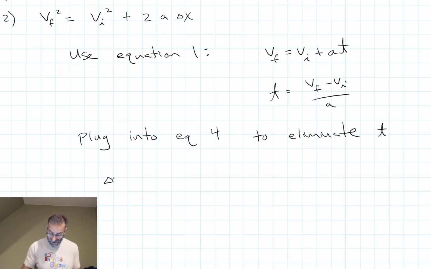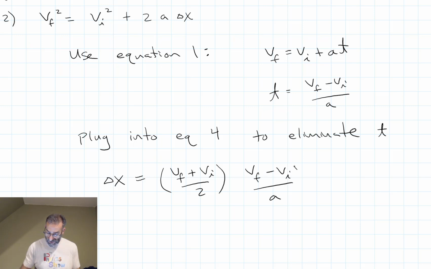We're going to plug that in for t into equation 4. And we'll eliminate t and get our change in position is our average velocity times time, but instead of t, we're going to put in v final minus v initial over a. We'll multiply through by 2a.